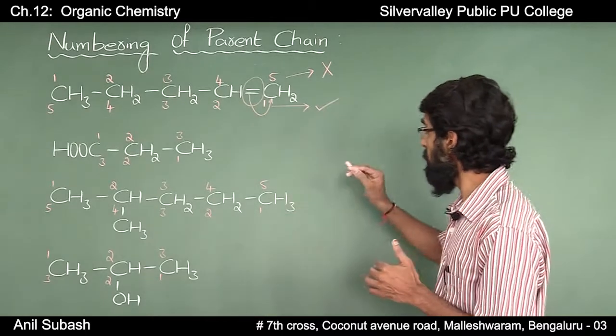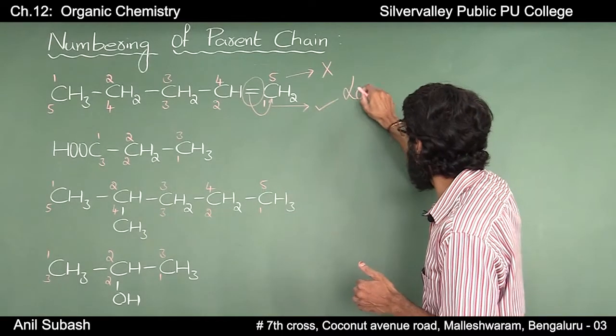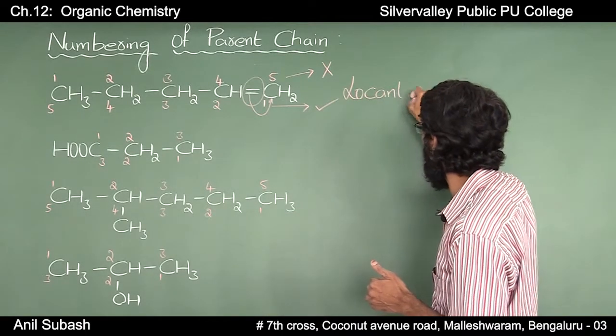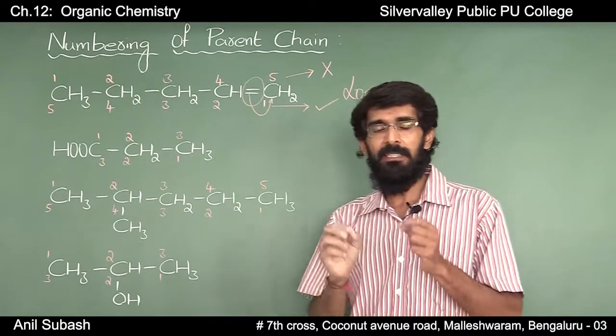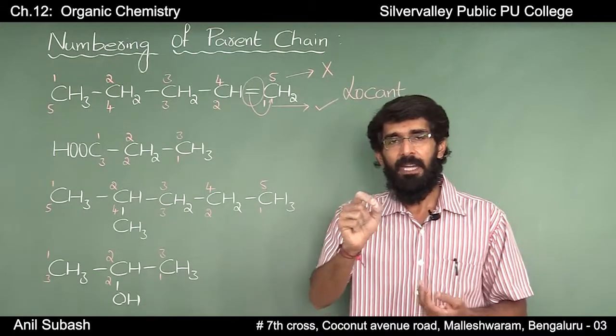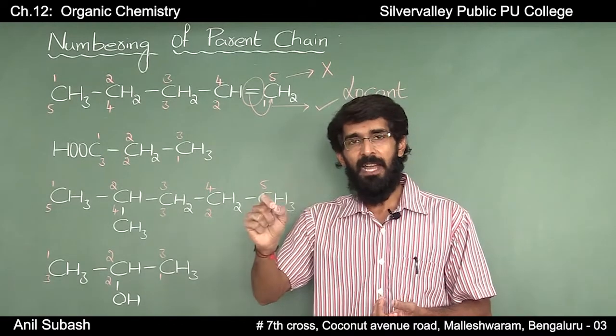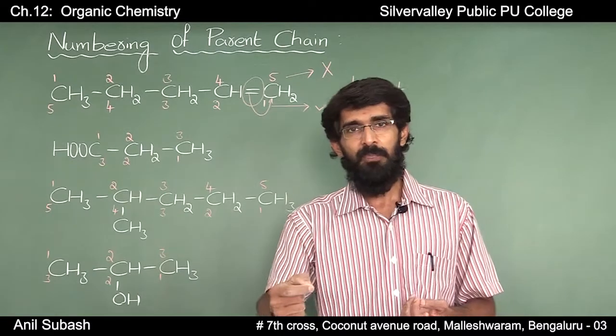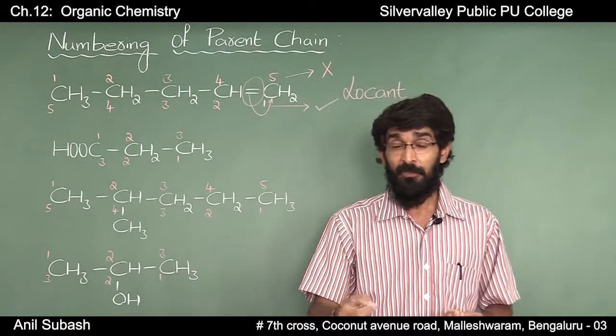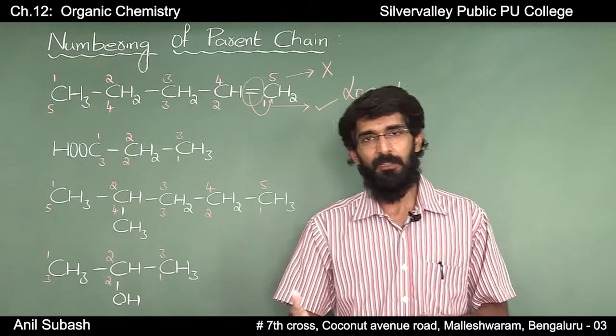And you are supposed to know another term known as locant. What do you mean by locant? Locant is nothing but the number of the carbon atom to which the double bond or the triple bond or the functional group or the substituent belongs.